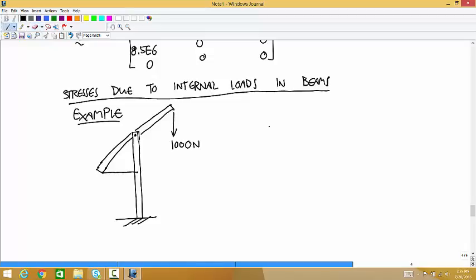We're going to neglect the weight. What are the internal loads in the diagonal member?